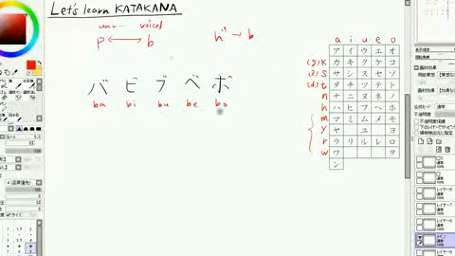So we've seen all the characters with dots now. So here's a question. What happened to P? You don't have P in Japanese? Of course we do. We have a P sound. And here's how you can do it. The P sound is actually like that.